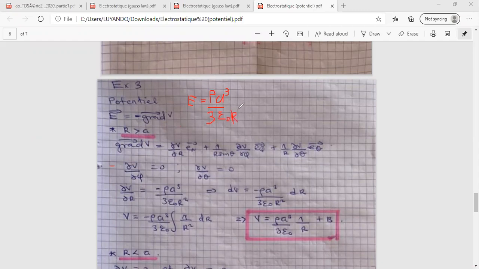This was our E at the exterior. So we're now trying to find the V.